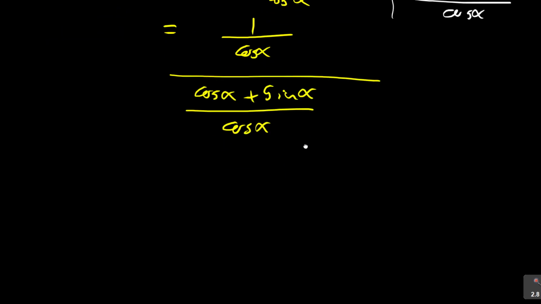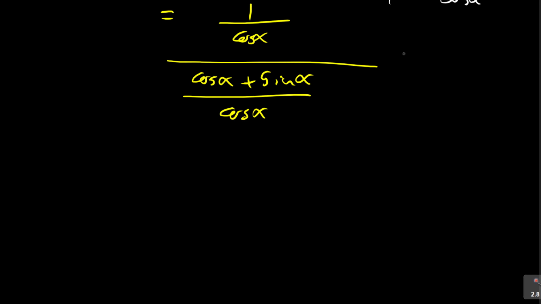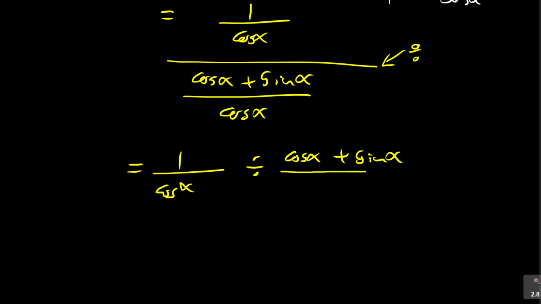Then I'm going to convert this into a division sign: 1 over cos alpha divided by cos alpha plus sine alpha over cos alpha.